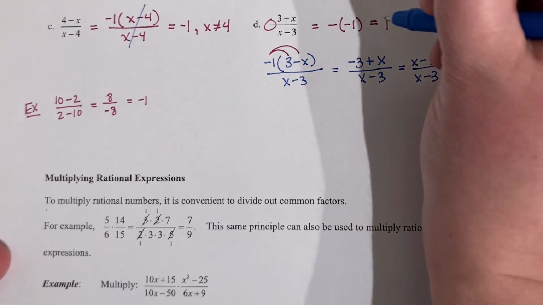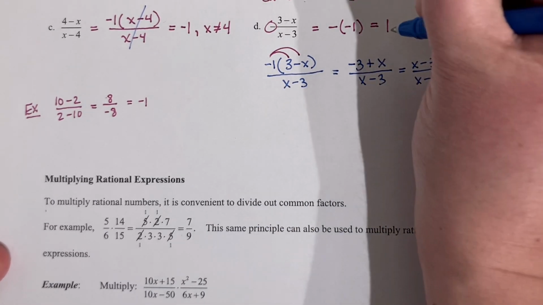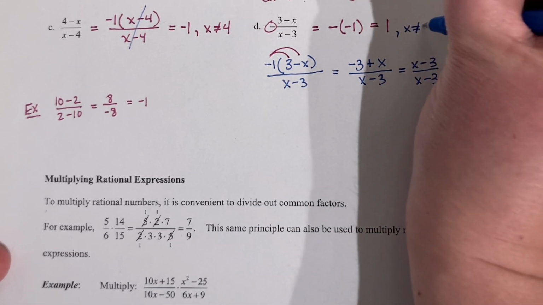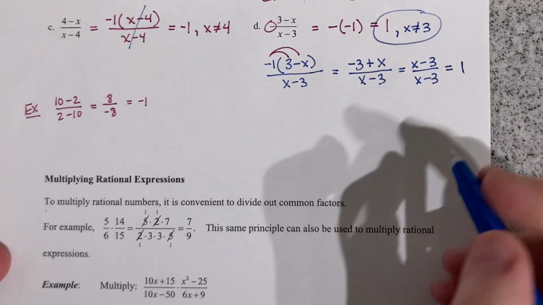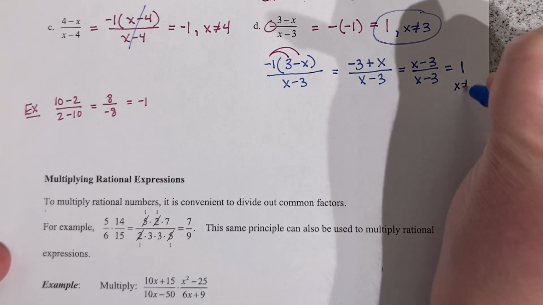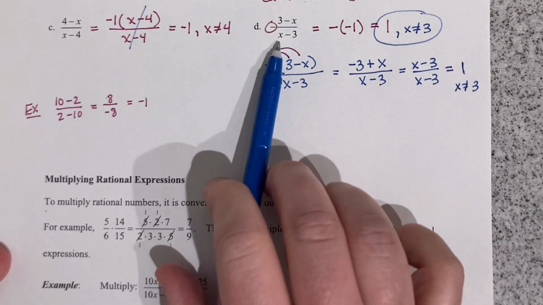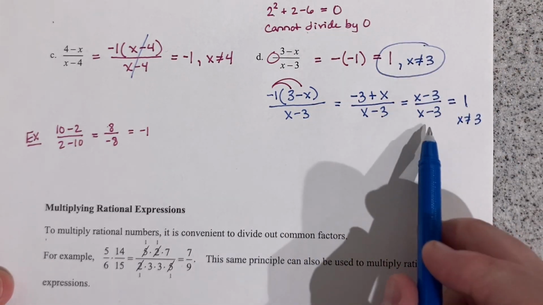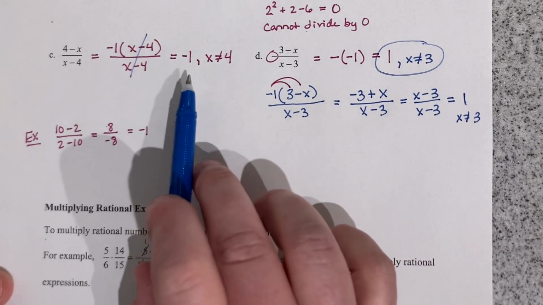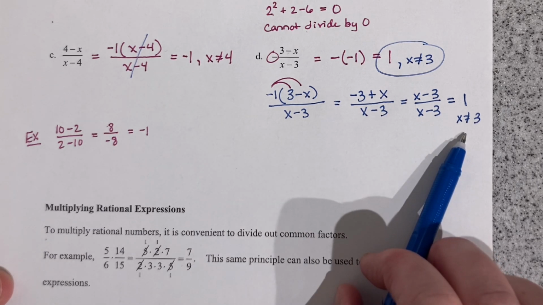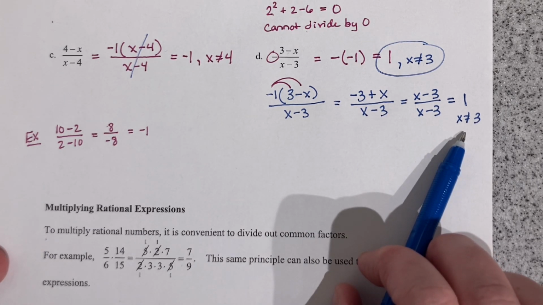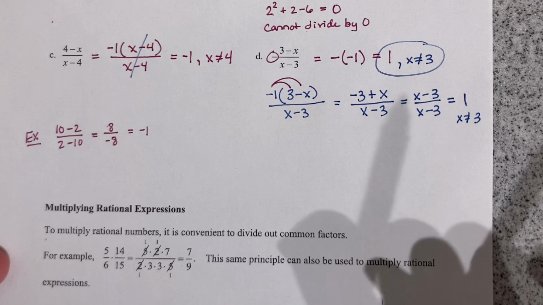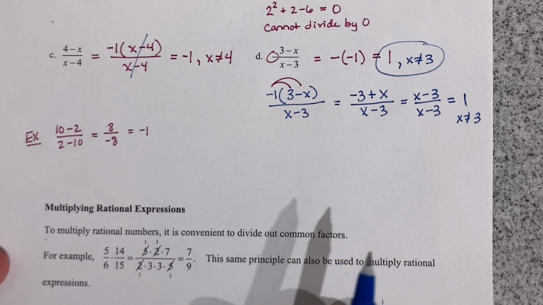But it equals 1 with this additional restriction that x cannot equal 3, because that would make the original problem divide by 0. So anytime we cancel a factor, that changes the domain. A little strange, I know, but it's going to take practice, but hopefully we can get through it.